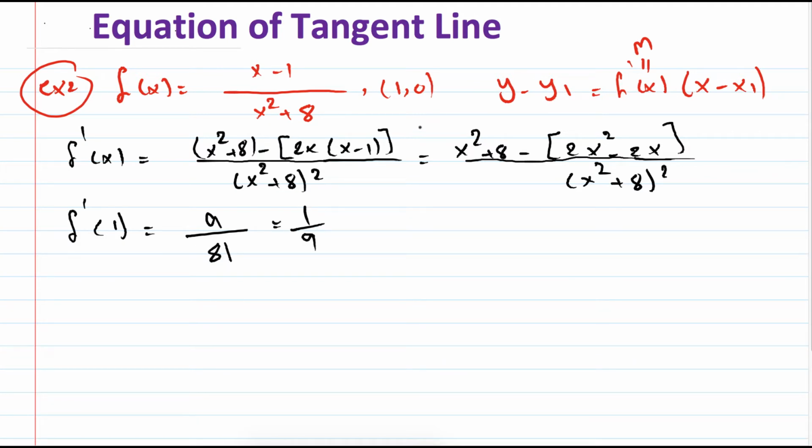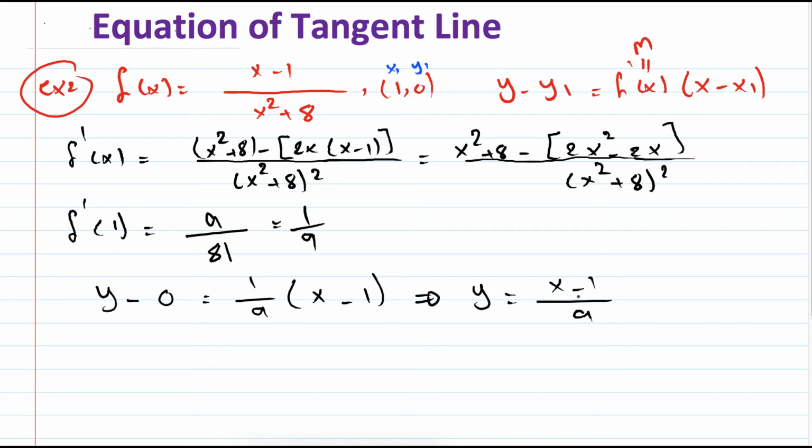That is our slope at that particular point for this particular function. Now we can find the equation of the tangent line. So basically y minus y1 is 0. So this is x1, this is y1. Equals 1 over 9 multiplied by x minus 1. So from this, y equals x minus 1 over 9. This is the equation of the tangent line.